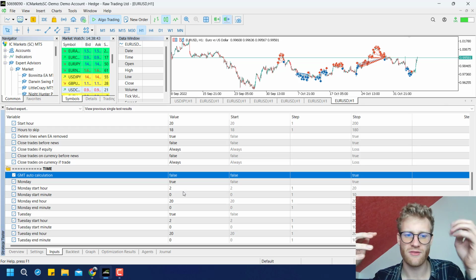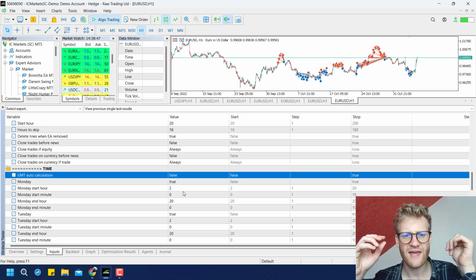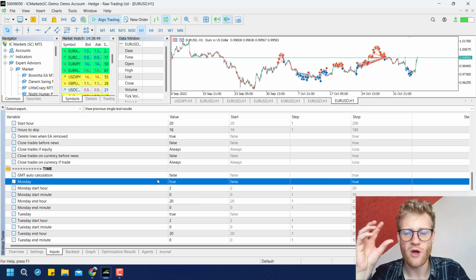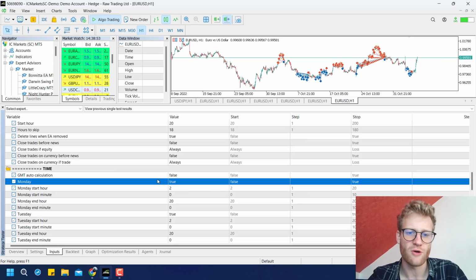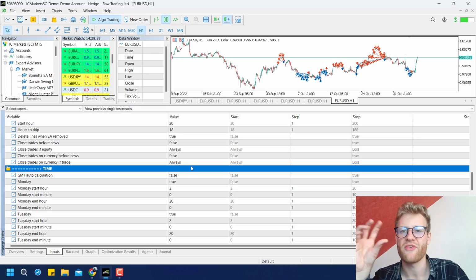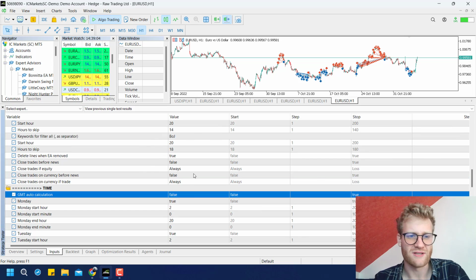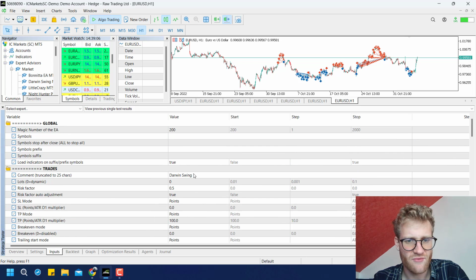For example, the range breakout expert advisor that I have on my MQL5 seller profile works specifically with times. So obviously times are important for this EA, but for a lot of other EAs that work mainly with prices, the times are not that important, I think. And this is it for the settings.